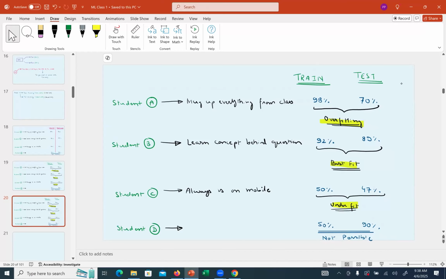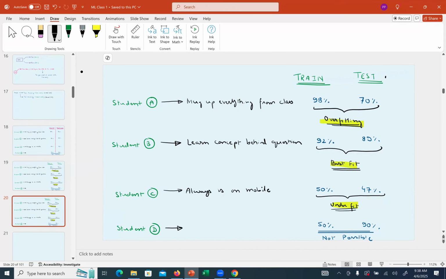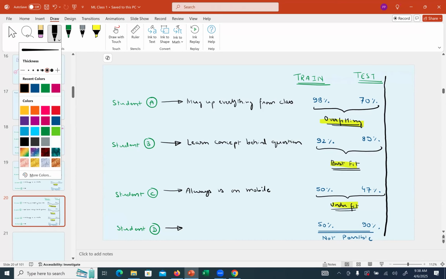No, no. Let's say, for example, this data is given to you, and I ask what your model accuracy is. Ideally, the accuracy of the model should be decided on the basis of the data on which we are testing the model. The test values 70, 89, and 47 should be the accuracy of the model. Right, very nice, that's correct.